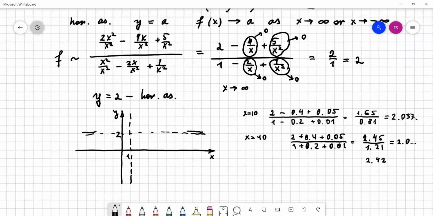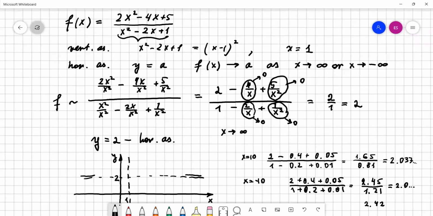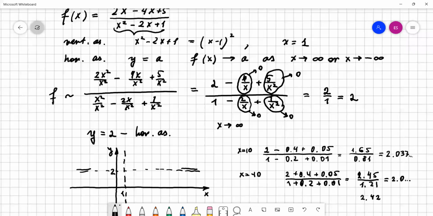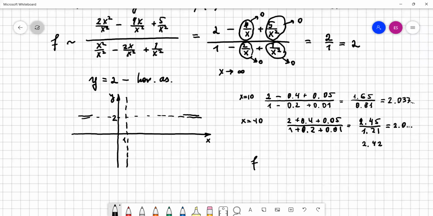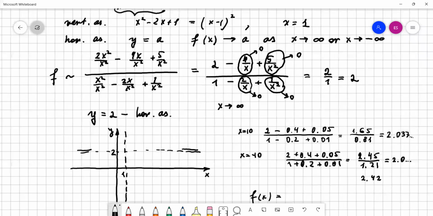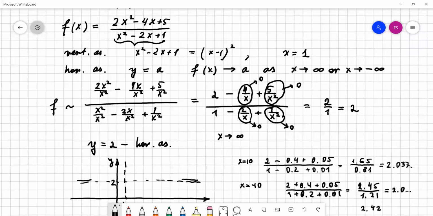Let me maybe use this form when I factor the denominator, so it's going to be a little bit easier. So my function f of x equals, you write down, 2x squared minus 4x plus 5, over x minus 1 squared. Sorry, I don't have the function in front of me.